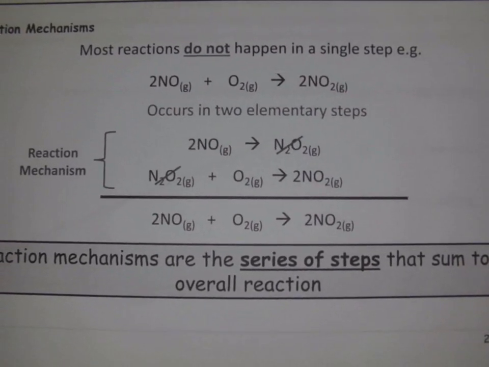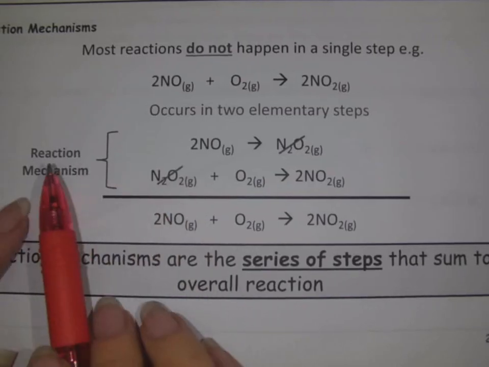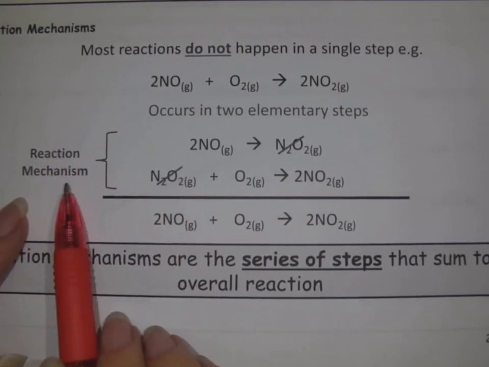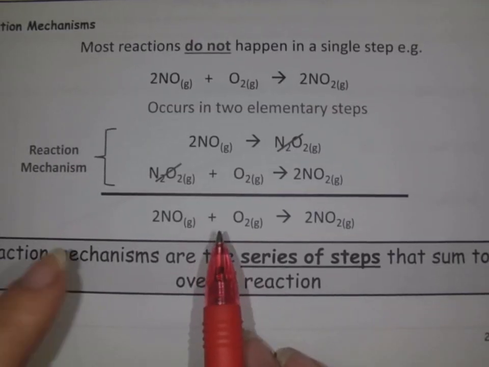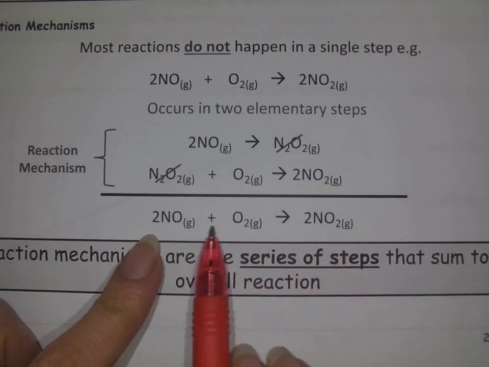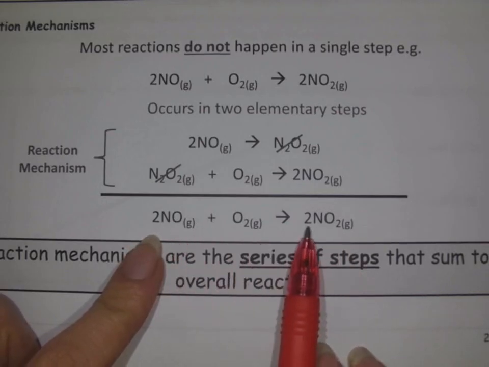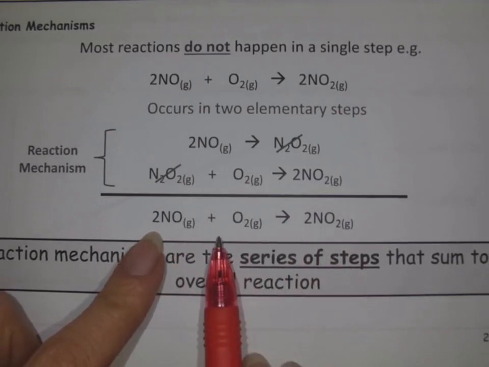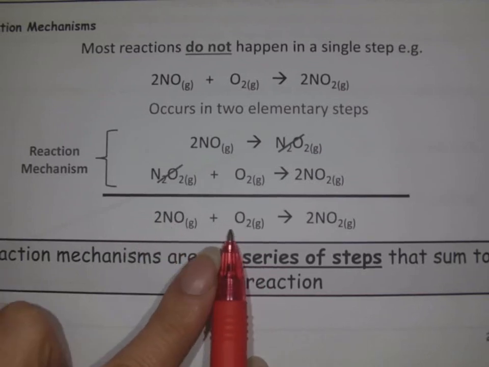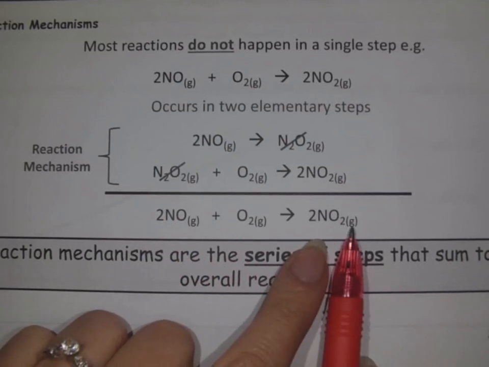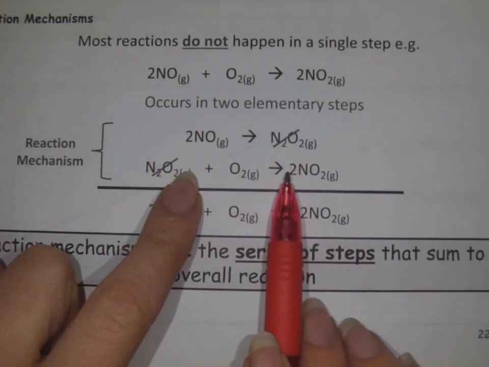Let's dive into this. We have reaction mechanisms, and what reaction mechanisms are, they are individual steps of a chemical reaction. It turns out that these chemical reactions that you have seen, that we've used over and over again, very rarely turn into products in one step, and it usually happens in a series of steps.